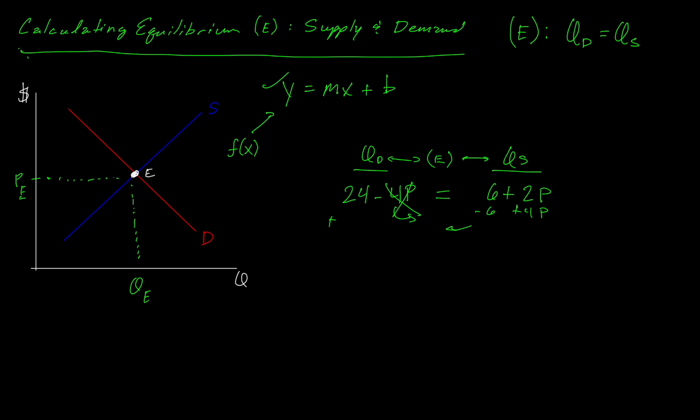Now, after all said and done, what do we have? 6p over here, and on this side we have 24 plus 6. 24 plus 6 is 30. 30 equals 6p.